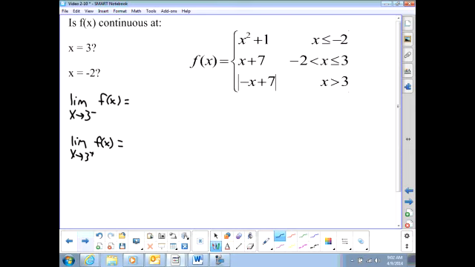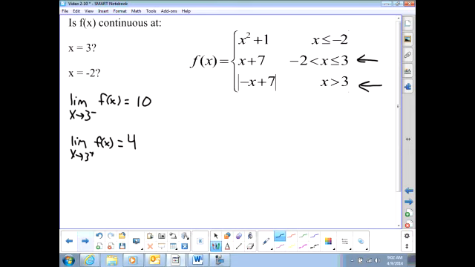As x approaches 3 from the left, we'll be using this function. When we plug 3 into that function, we get back 10, because 3 plus 7 is 10. When x approaches 3 from the right, those will be values greater than 3, so we'll use that function. Well, negative 3 plus 7 gives you 4. Absolute value of 4 is 4.